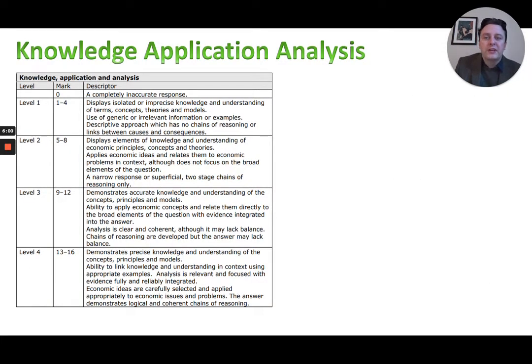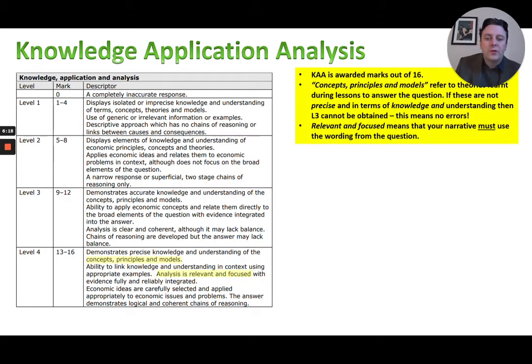So first we'll look at the KAA points, that's knowledge, application and analysis. We all want to get level 4, so we'll focus on some of the key concepts in level 4. That's 13 to 16 marks. It demonstrates precise knowledge and understanding of the concepts, principles and models.